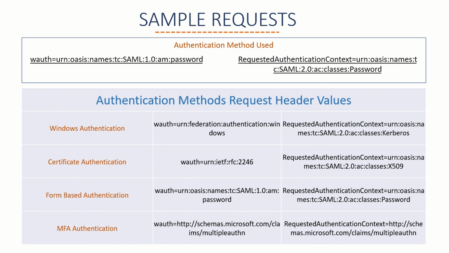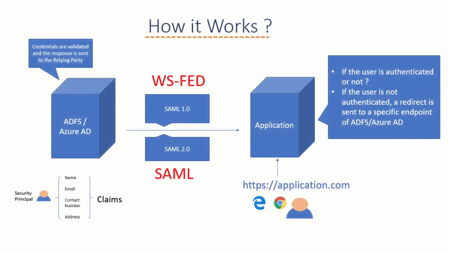Once the request is received by the identity provider, it's the job of the identity provider to send a response back to your application. In case you are using the WS-Fed protocol, the response that you will get will be SAML 1.0 token type, and when you are using SAML, the response that you will get will be SAML 2.0 token type.